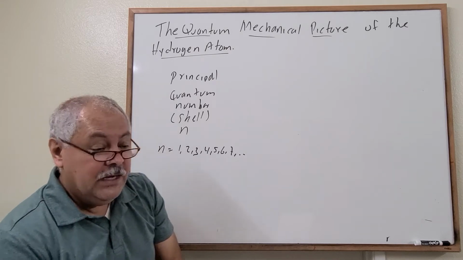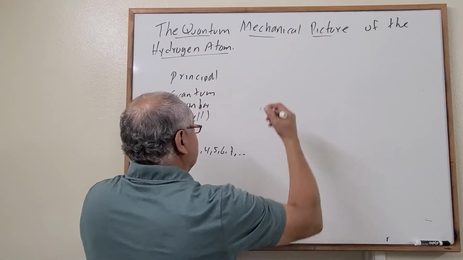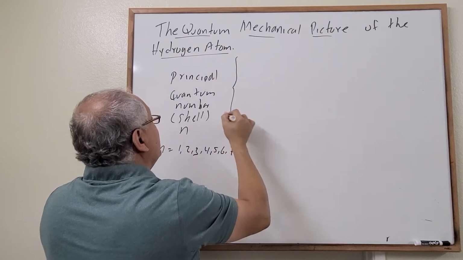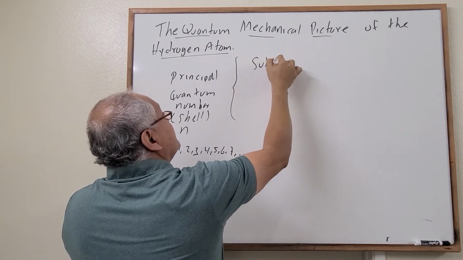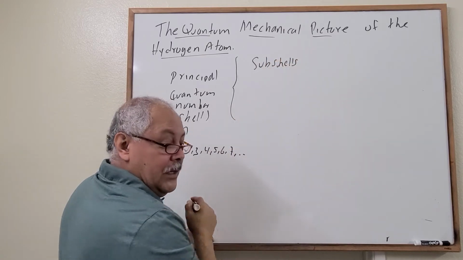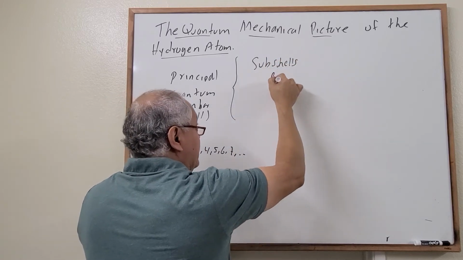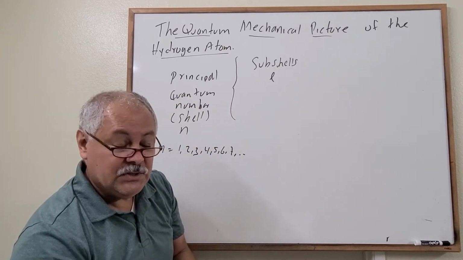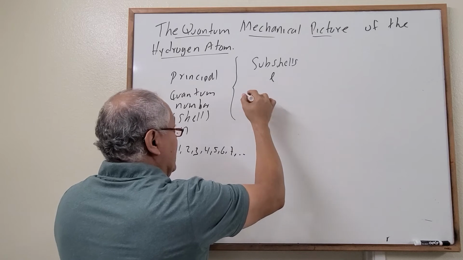Okay, great. And then we have the subshells. Correct? Right here, these are the principal quantum numbers, the shells. Now we have the subshells. And the symbol is L, correct? The orbital quantum number, and we have these values.